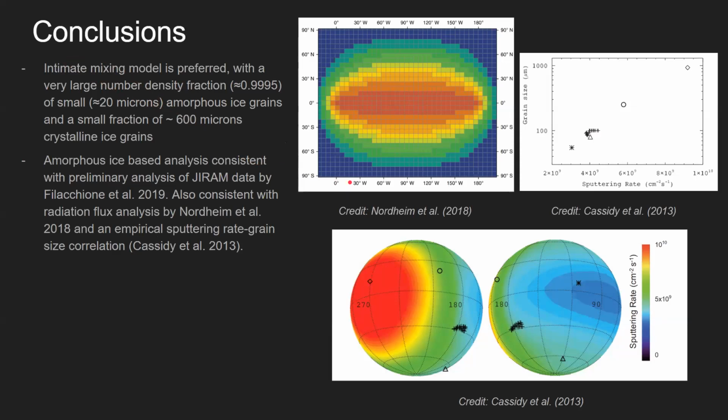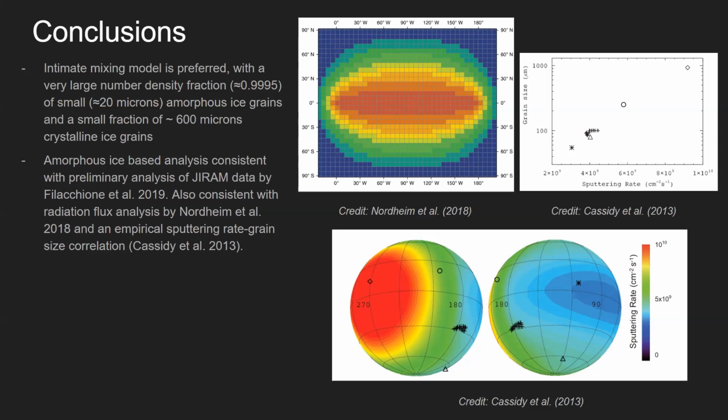The dominance of amorphous over crystalline ice very much depends on the local conditions of the area that you're analyzing. As I said, the more radiation processed an area is, the more amorphous ice you'd expect to find there. So we wanted to see if finding more amorphous ice tells us something about the degree to which this material has been processed.